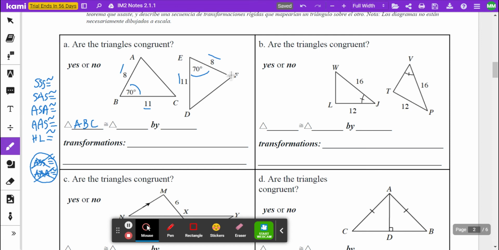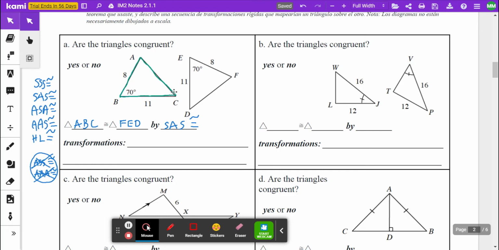A corresponds to F, because that's touching this side length 8 and is not the 70-degree angle. So ABC is congruent to FED by side, angle, side congruence. And what rigid transformations could I use?